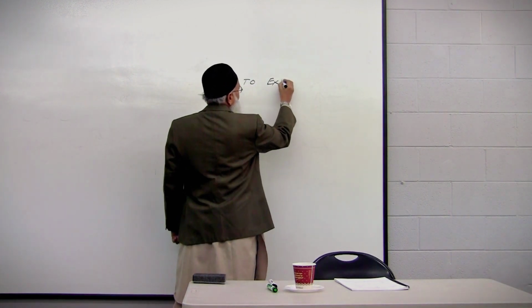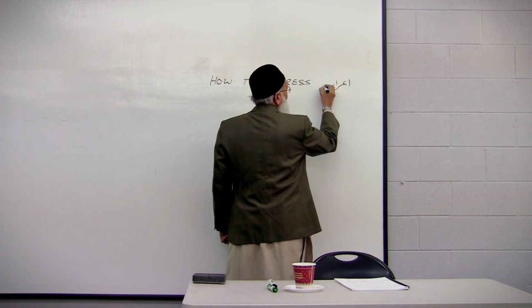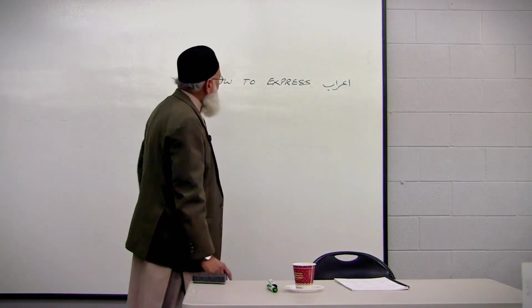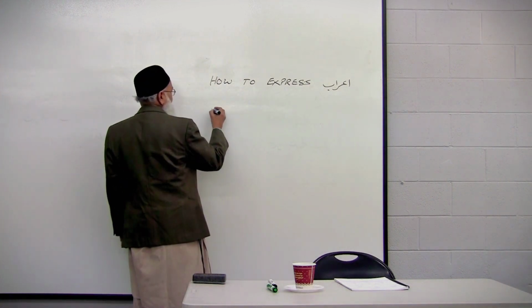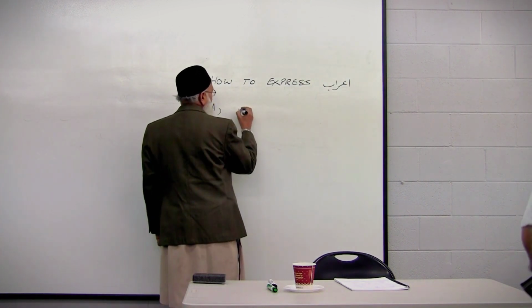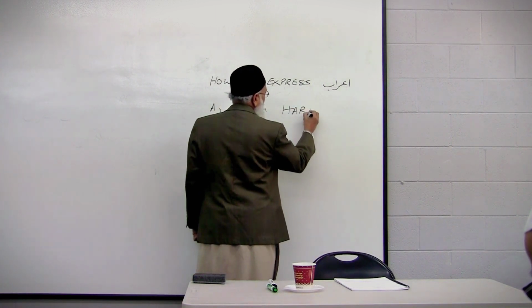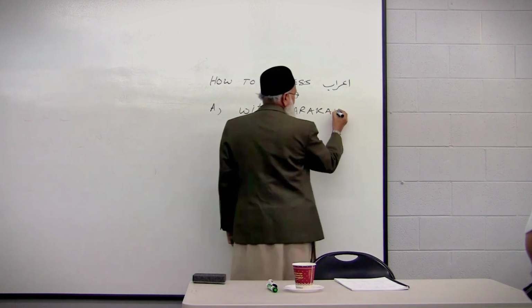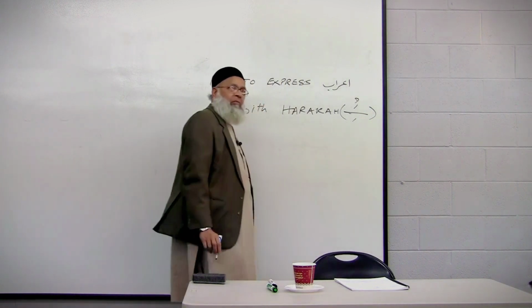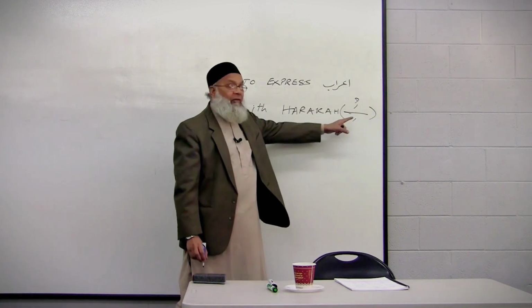How to express I'rab. Basically of two types again. With harakat, with haraka. Haraka means dhamma, fatha or kasra of the last letter.